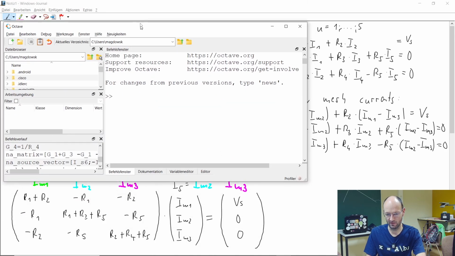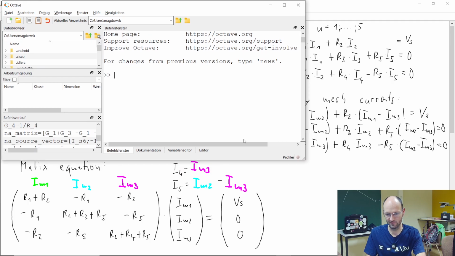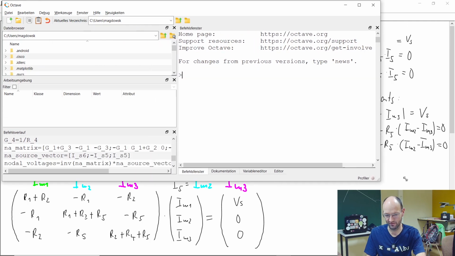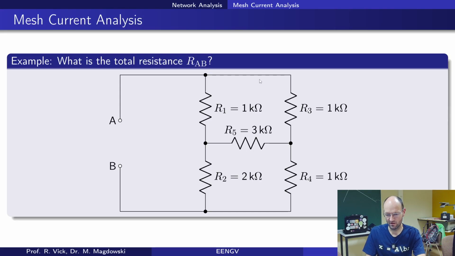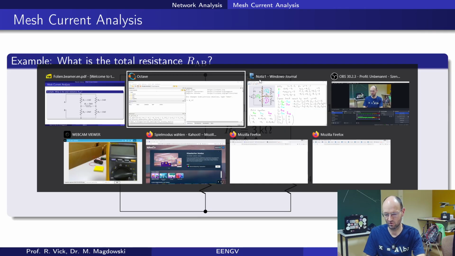Okay, and with a little luck, I have opened the same Octave version as last week, and there still should be my values in there, but not really. I think the resistors were 1 kilo ohm, 2, 3, and okay.